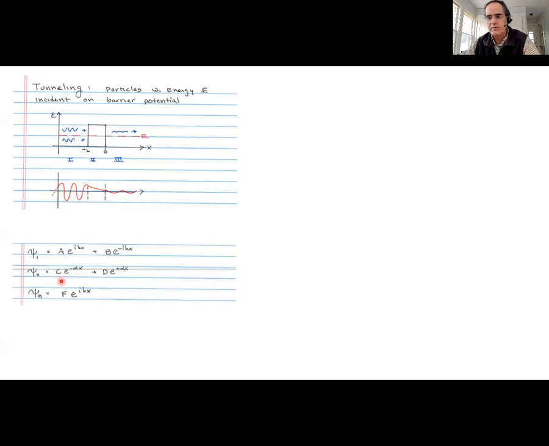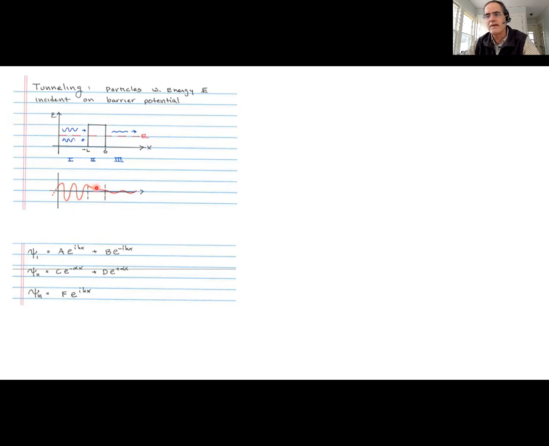In region 2, where the potential energy is greater than the total energy, the wave function has this form. The solutions look like exponentials, not complex exponentials. So we have this term, C e to the minus alpha x, which represents a decaying exponential.